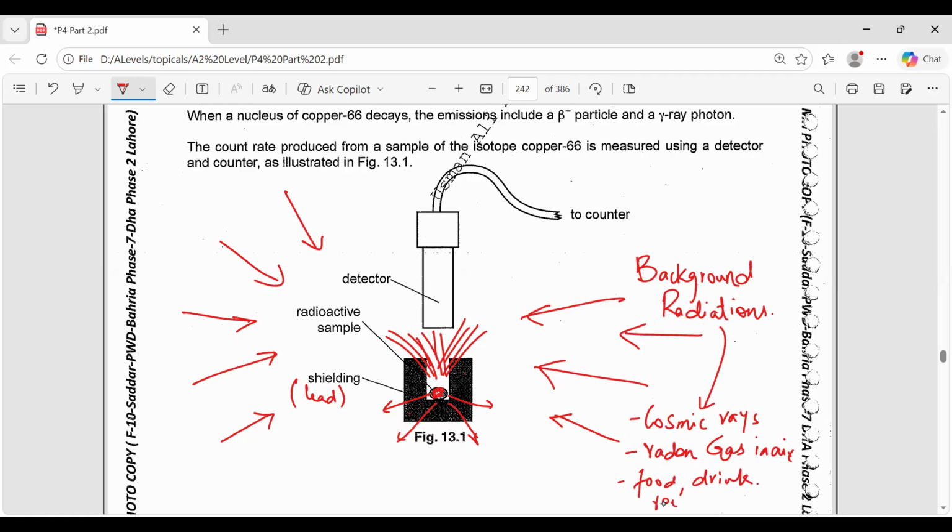So the radiations which occur naturally in the atmosphere are called background radiation.